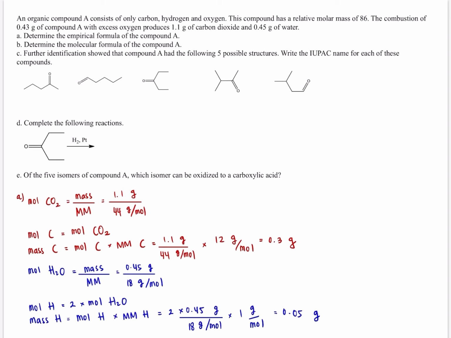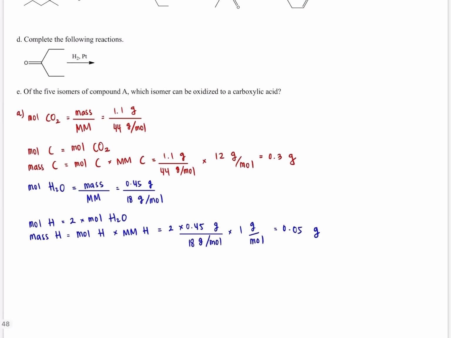Now remember that in the question we have the information that compound A consists only of carbon, hydrogen, and oxygen. So if we already know the mass of the carbon and the mass of the hydrogen, then we can calculate the mass of the oxygen as the remaining element in the compound. So the mass of the oxygen should be the mass of compound A minus the mass of the carbon and minus the mass of hydrogen.